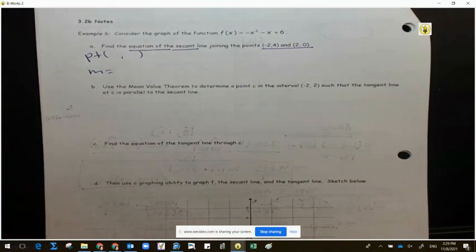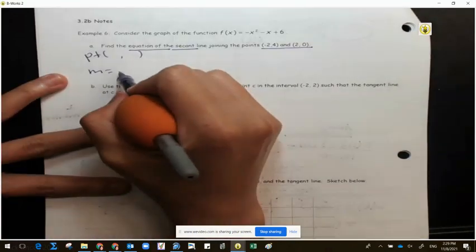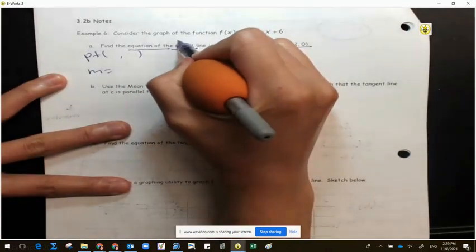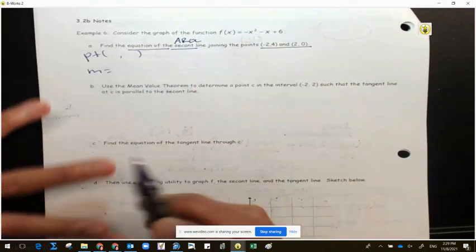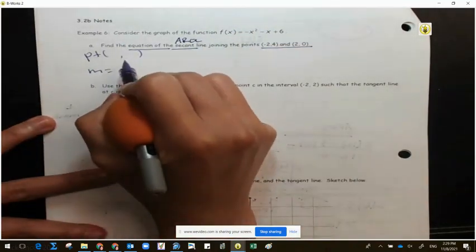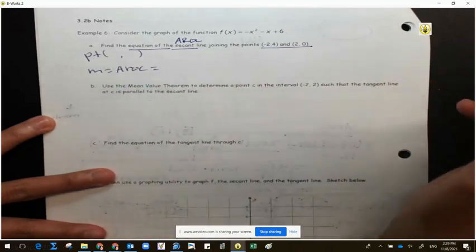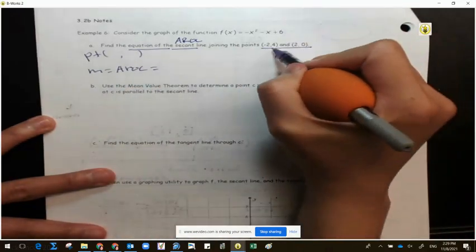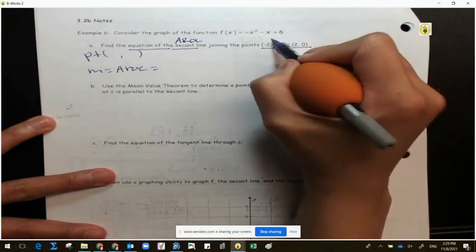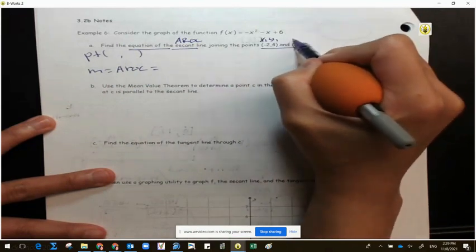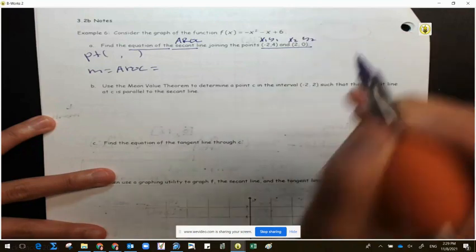It doesn't matter which point we start with, but let's go ahead and find our slope first. The slope for this one, secant is an average rate of change, and our average rate of change basically is y2 minus y1. I think I'm going to write it here one more time. Do y'all need me to label these? Yes, that'd be nice. x1, y1, x2, y2.